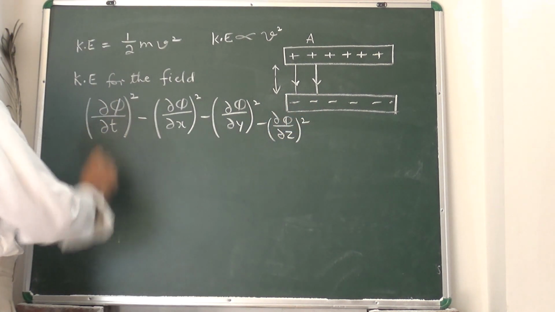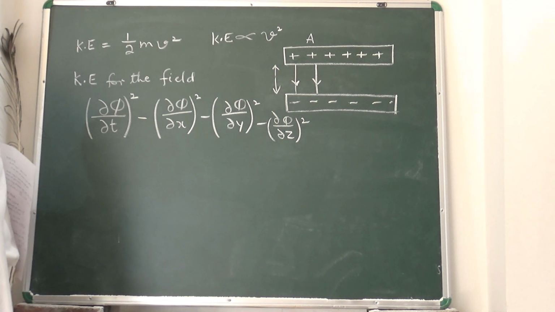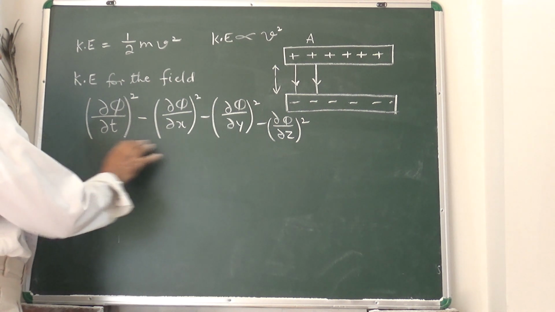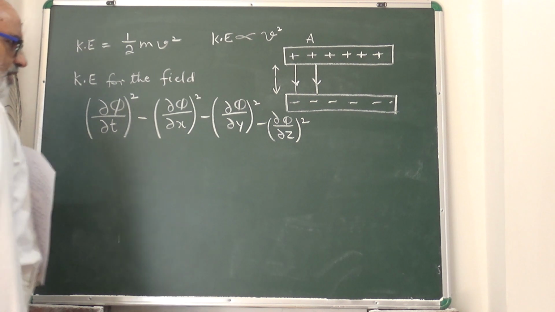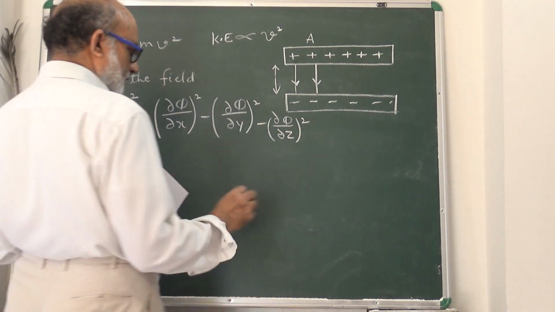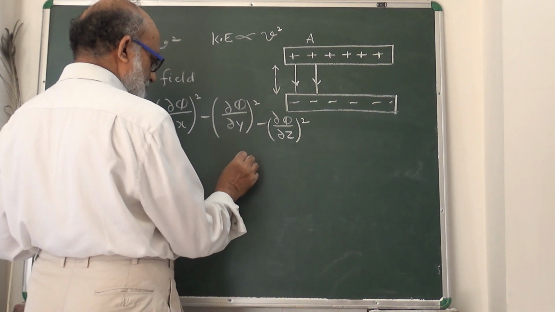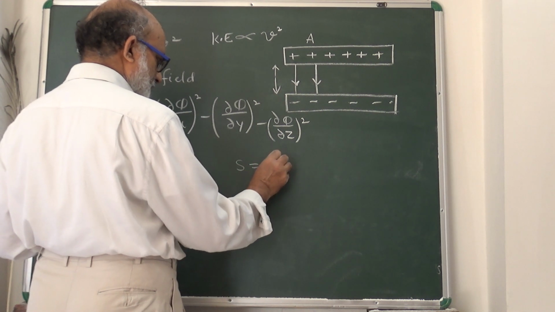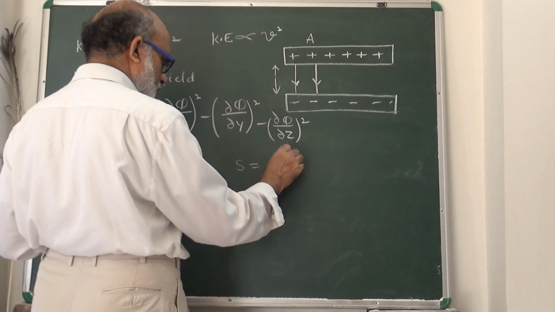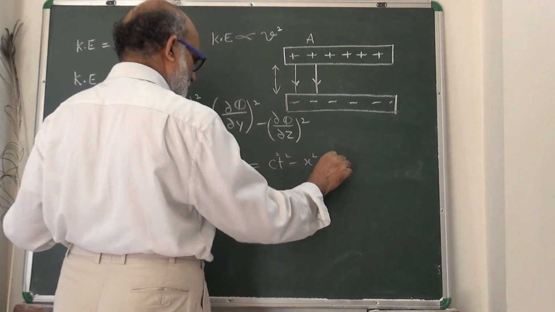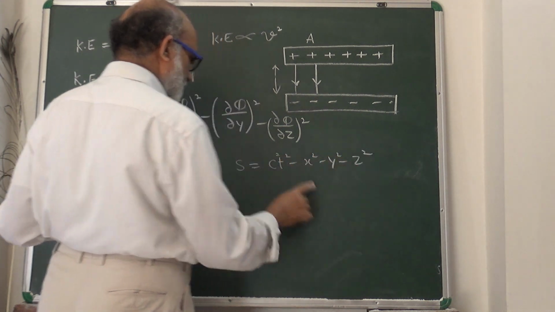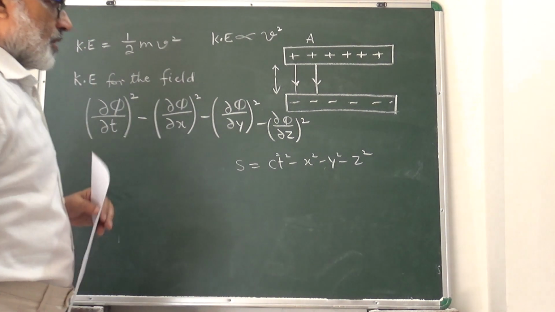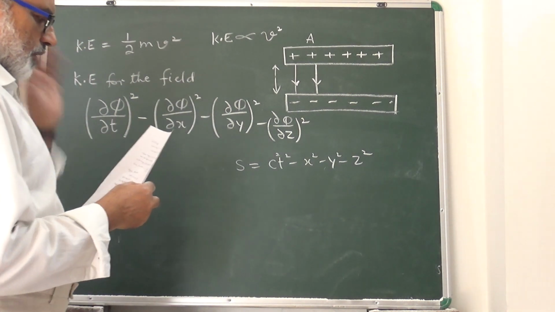Now, this minus sign comes because we are dealing with four dimensions, and from Einstein we know that any interval is c square t square minus x square minus y square minus z square. That's why these are negative.